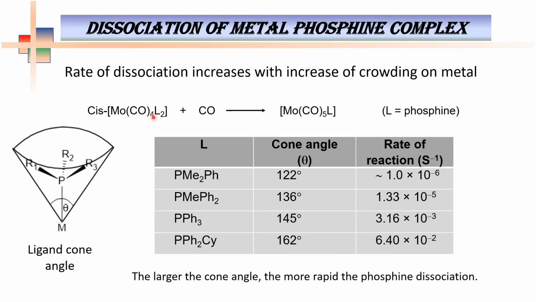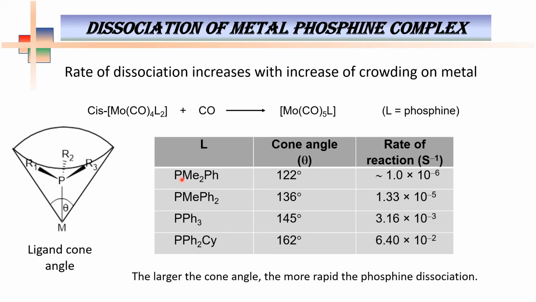And if we try to substitute one of the phosphines with a very small carbonyl, the rate of the reaction will definitely depend upon the phosphine's dissociation. And the dissociation of phosphines totally depends upon the crowdedness or bulkiness of the phosphines, and that is reflected through its cone angle.